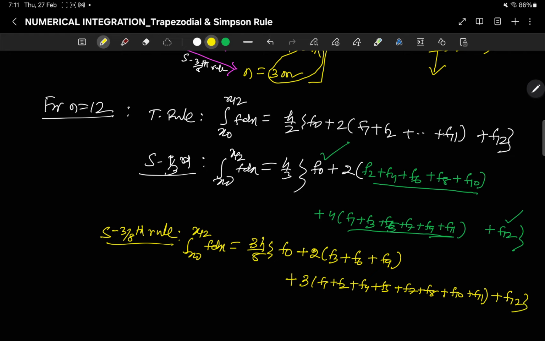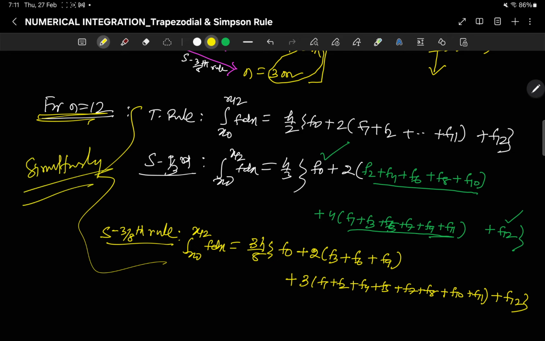So this will be the formula. So for n equal to 12, all these 3 formulas work simultaneously.